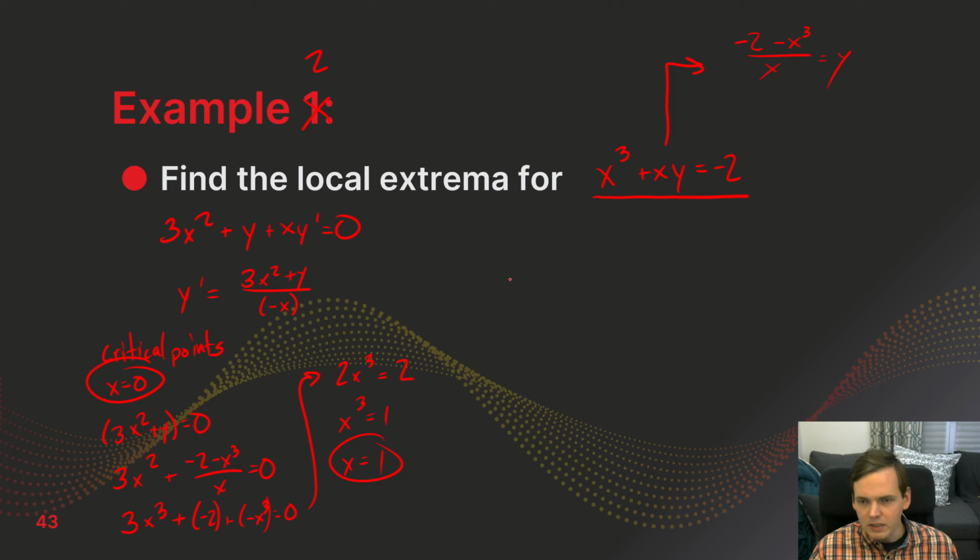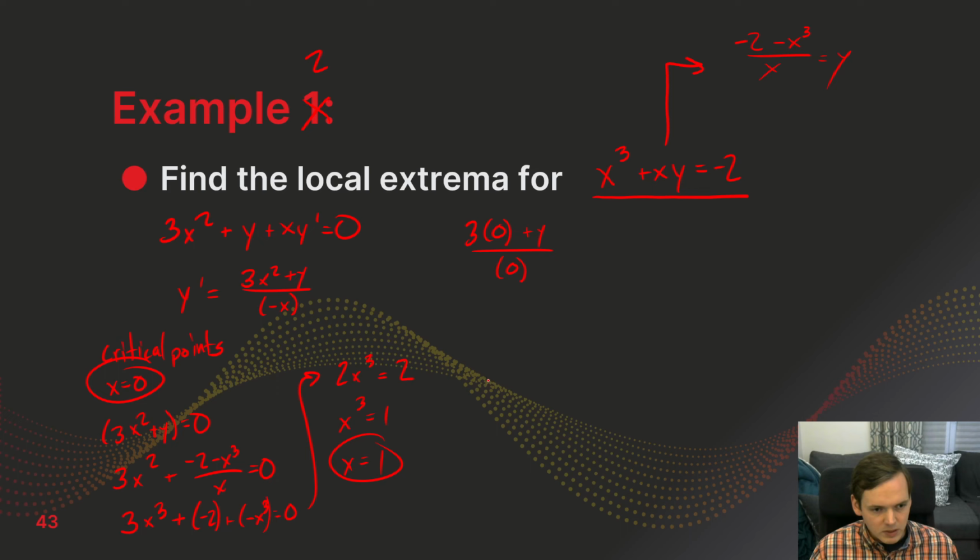So what we now need to do is check what's happening to the slope at those points. So when x equals 0, we need to plug that in. So y prime at x equals 0, we're going to get 3 times 0 plus y over 0.